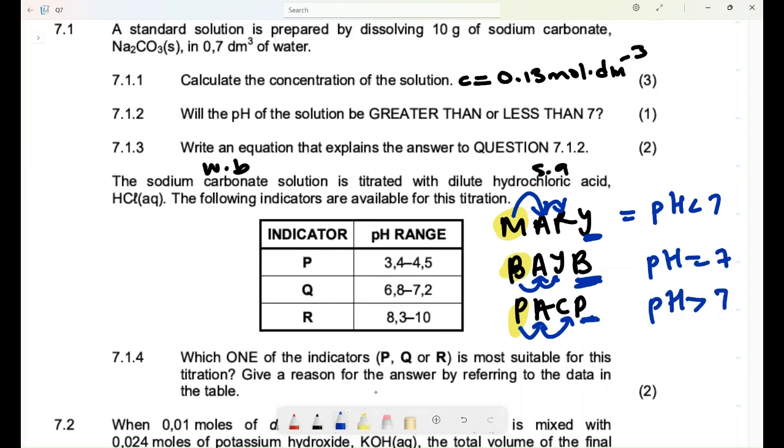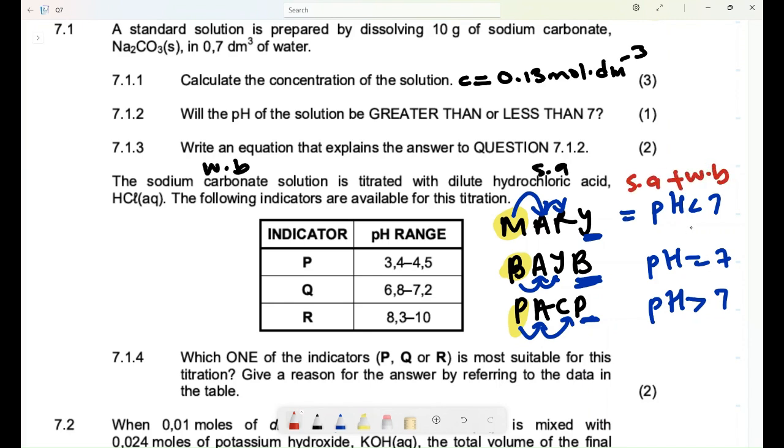In this case, the indicator that is suitable is the one with pH that is less than 7, because this is when we combine a strong acid plus weak base.